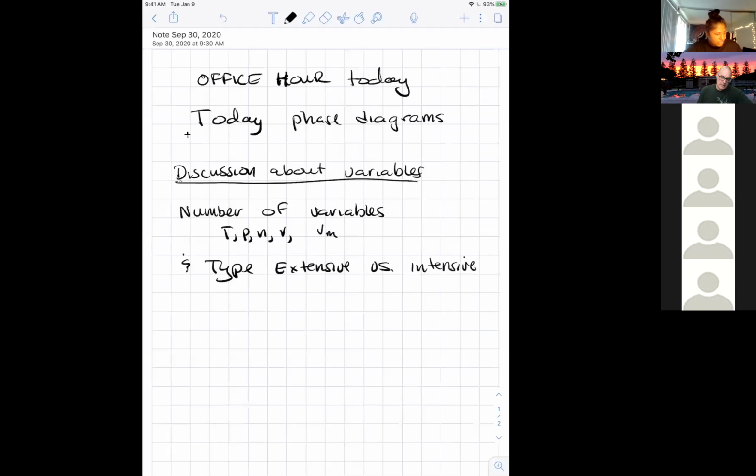Okay, so in this chapter and succeeding chapters, unless it's expressly mentioned, we're going to exclude gravitational, surface, electrical work potentials.